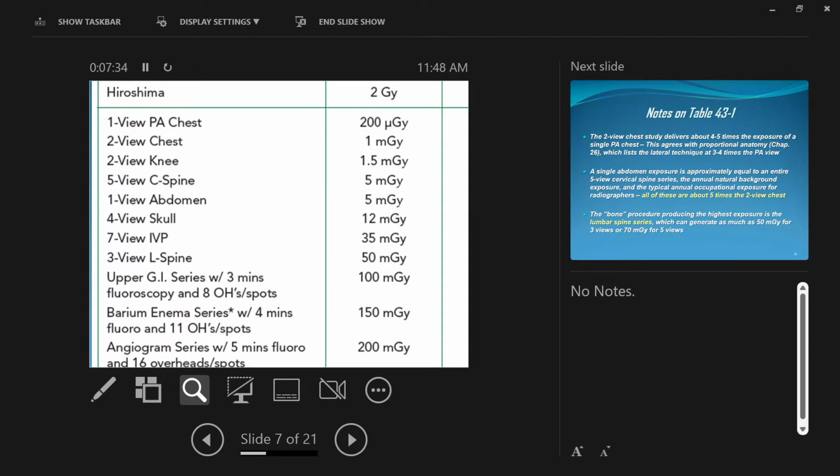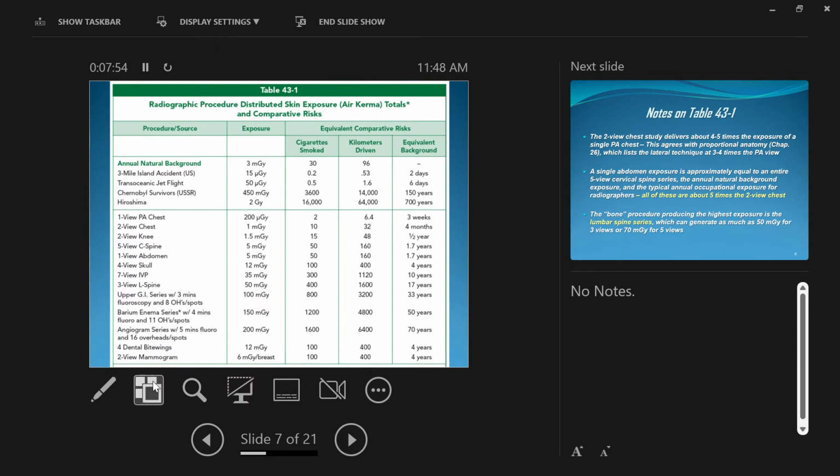So that 1.5 milligray is not the exposure for one image, it's the exposure for the entire exam. And that exposure is distributed over several different images and in several different positions. So different body tissues are getting more or less irradiated. Okay, so that's their first statement.